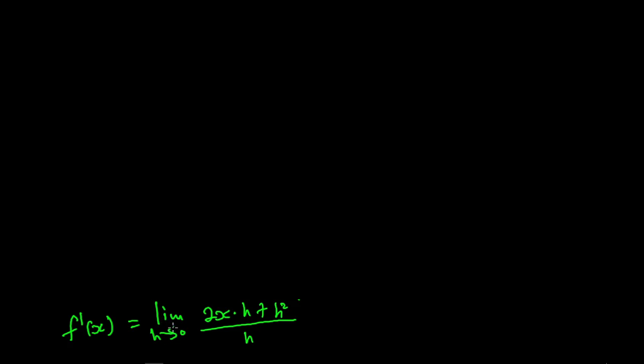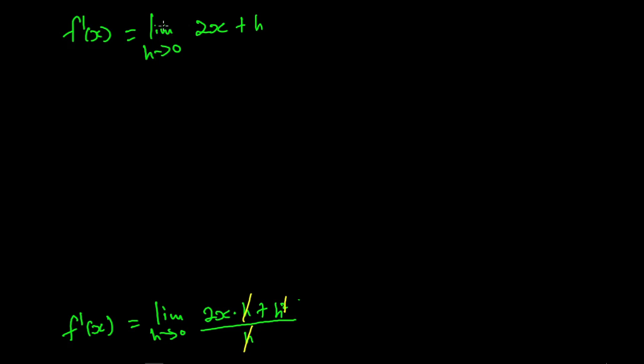Now we have the limit as h approaches 0 of 2x multiplied by h plus h squared all over h. Now this h, we cancel it out. That means we'll be left with f prime of x equal to the limit as h approaches 0 of 2x plus h.